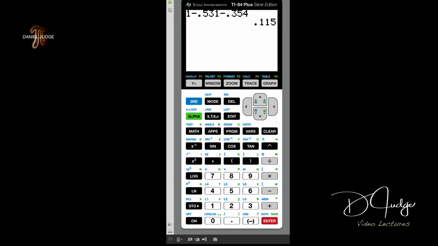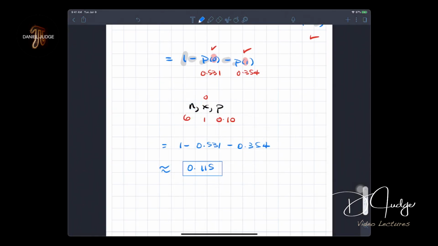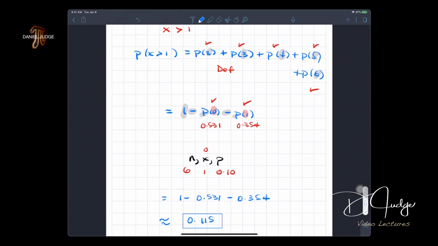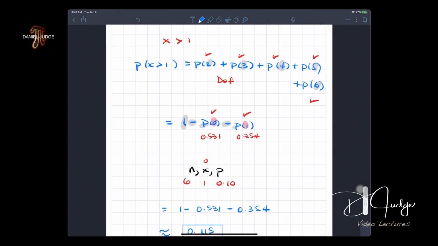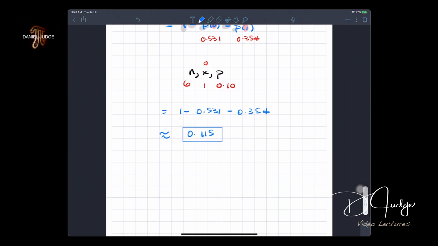So we already had those values in our calculator. Okay, so we can answer the question if we already have known information. But what I want to show you guys here is we can still verify, because remember, this was 1 minus P of 0 minus P of 1.